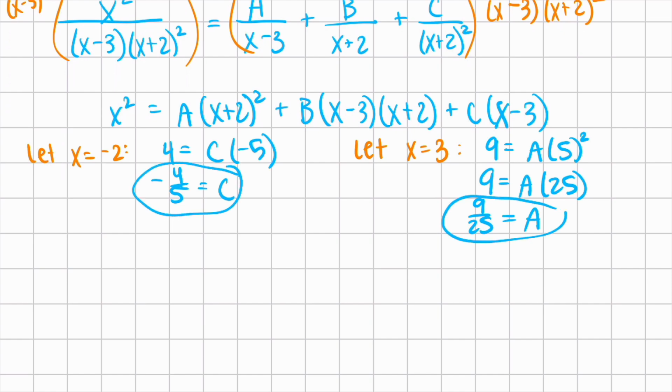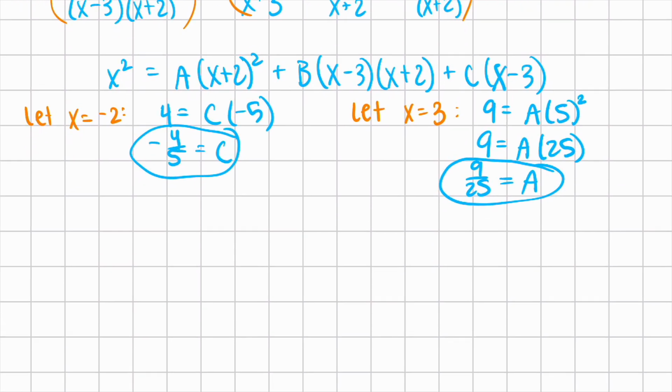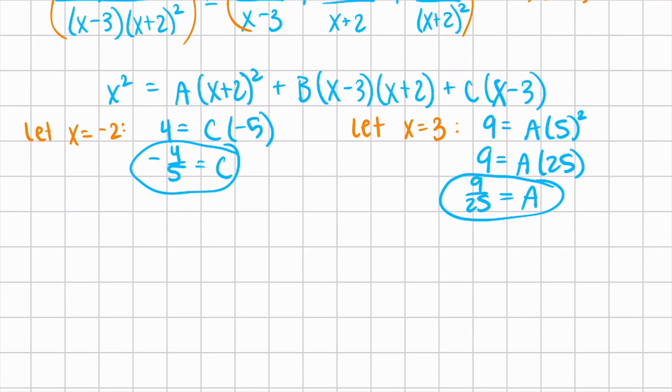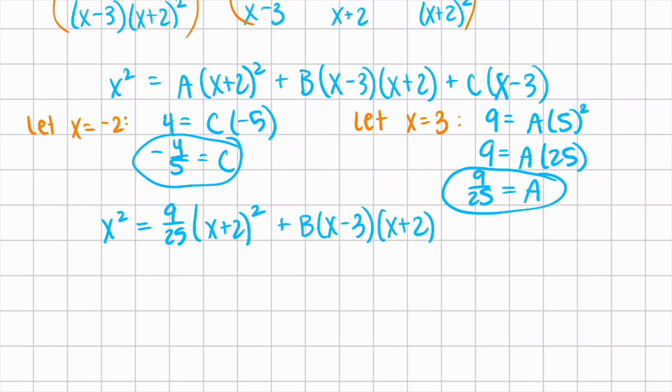So same as the last example, I don't have a number I can plug in to isolate B. So I'm going to do what I did before. I'm going to plug in what I know. So I know A, and before we equated the x squared terms, so let's just think about this.